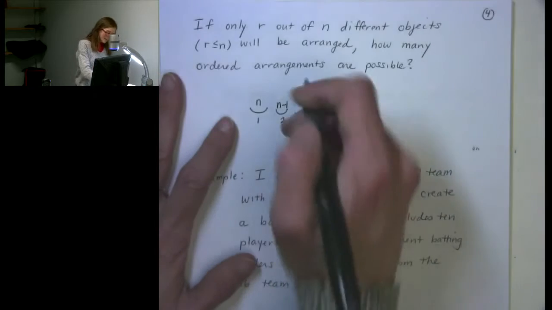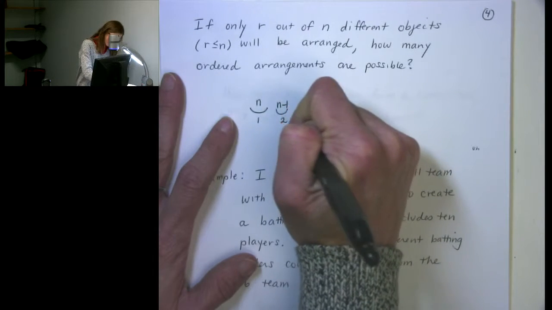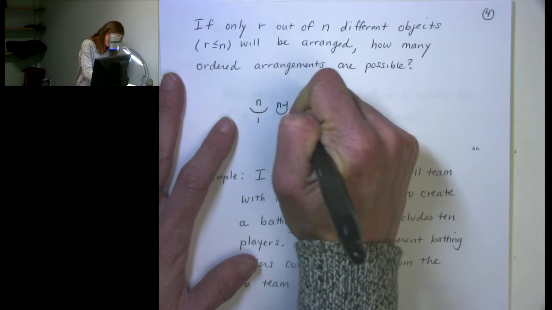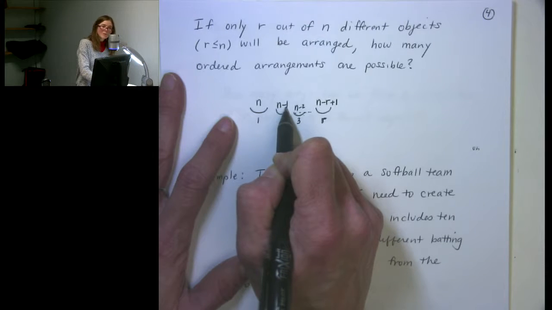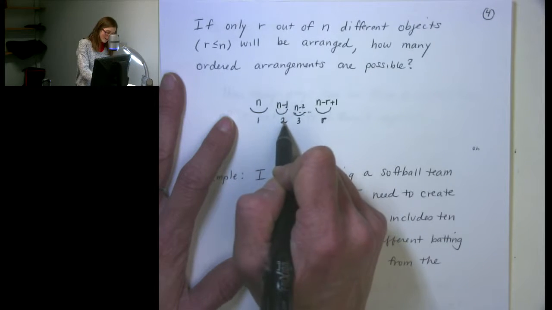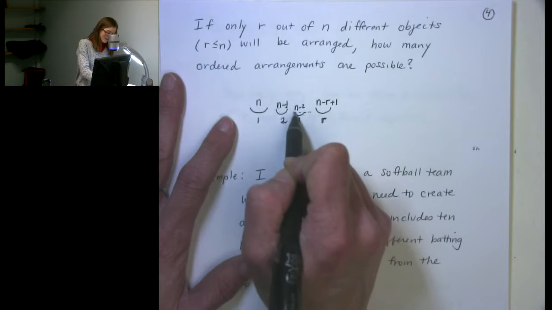If you want to kind of see that, let's just look at the third slot. We'd have n minus 2. So you can see for each slot, we're taking n minus the slot number plus 1. Right? I say, okay, n minus 2 plus 1 would be n minus 1. N minus 3 plus 1 would be n minus 2.